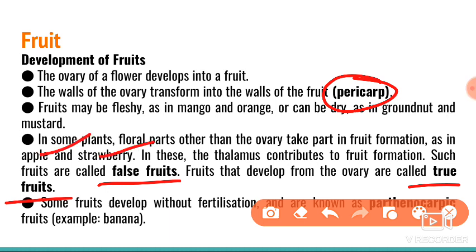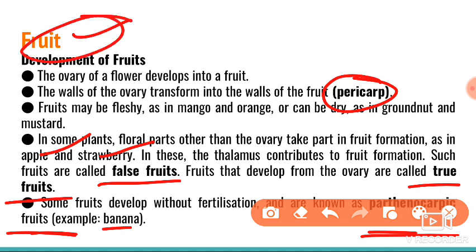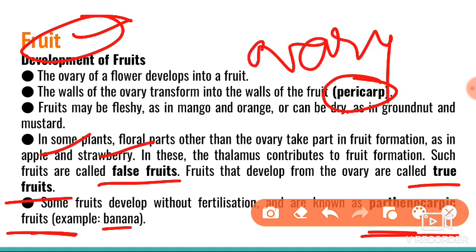Then remember parthenocarpic fruits, the definition and then the example. This is important. And usually fruits are mainly produced from the ovary. These are all the points regarding fruits.